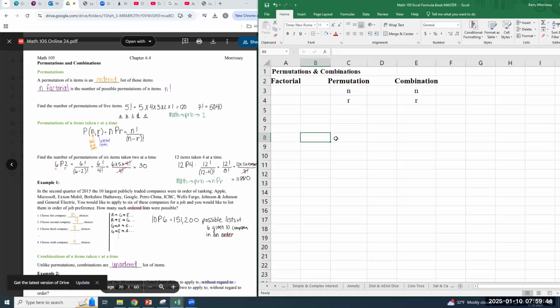Welcome to Math 105, Chapter 6.4, and we are working on factorials, permutations, combinations. In another video, we're going to walk you through how to work through the marble problems using this sheet.